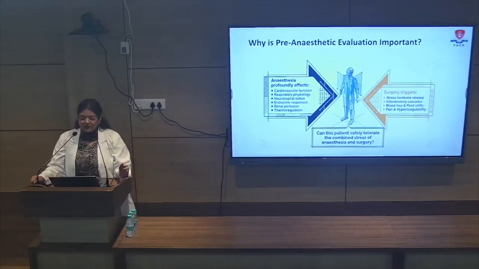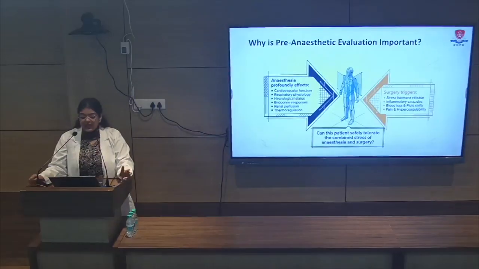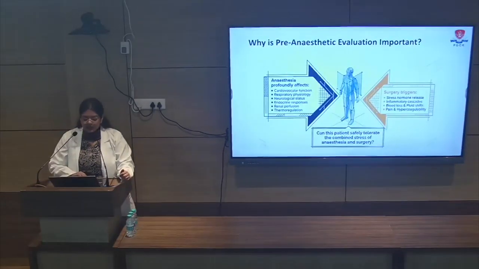The perioperative period represents one of the greatest physiological stressors that a patient experiences. Anesthesia profoundly affects cardiovascular function, respiratory function, neurological status, endocrine and renal responses, and thermoregulation, and there is a dual insult where the surgery triggers stress hormone release, inflammatory cascades, blood loss, fluid shifts, pain, and hypercoagulability.